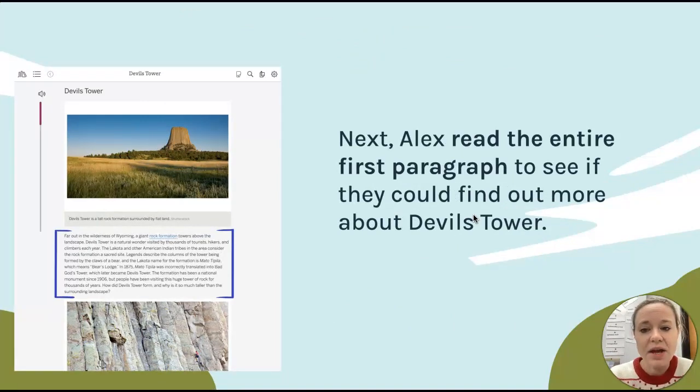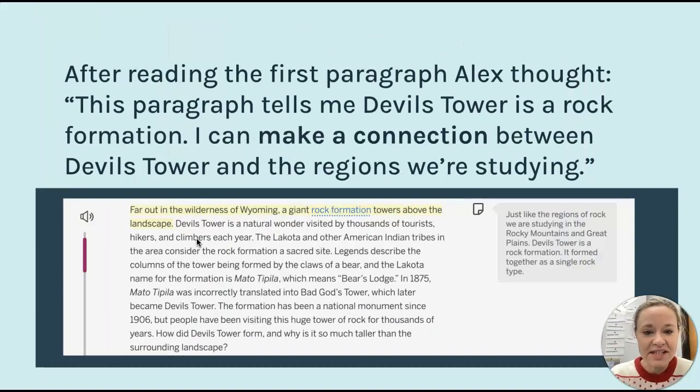Then Alex read the first paragraph, the entire first paragraph, and he noticed that there were some words in it. So we can see the word rock formation. That's a vocab word. And then this is some of the questions or the connections that Alex made. So Alex said, just like the regions of the rocks we are studying in the Rocky Mountains and the Great Plains, Devil's Tower is a rock formation.